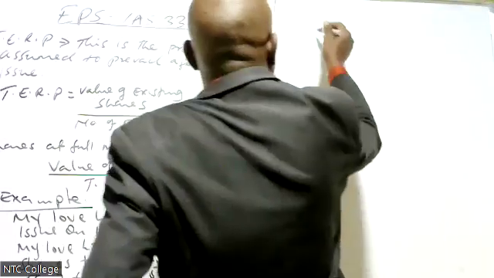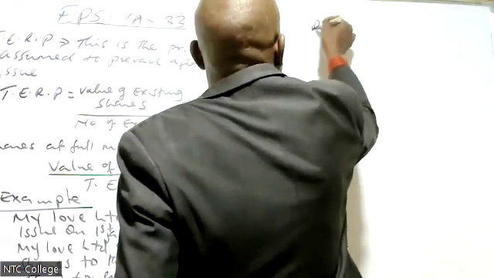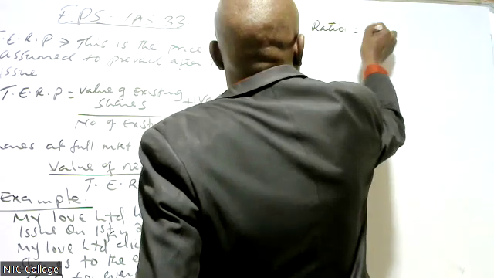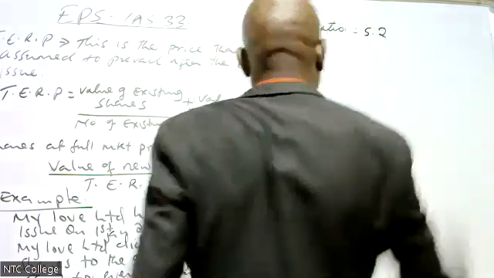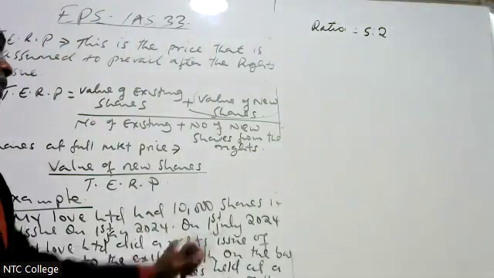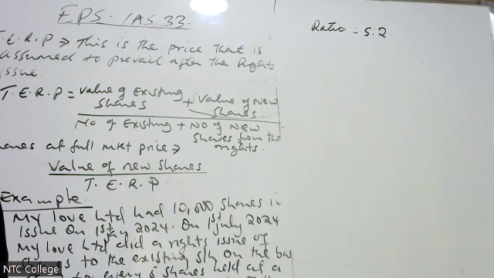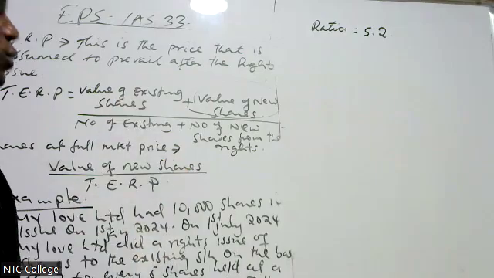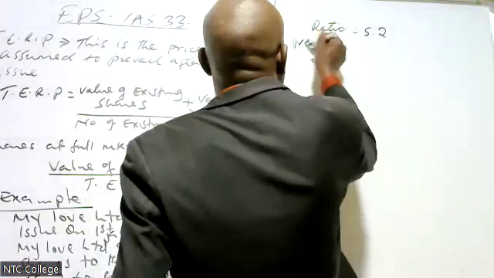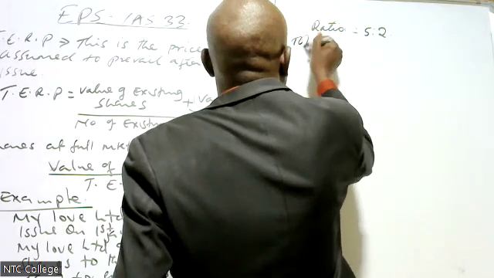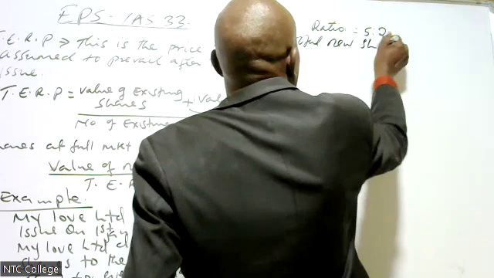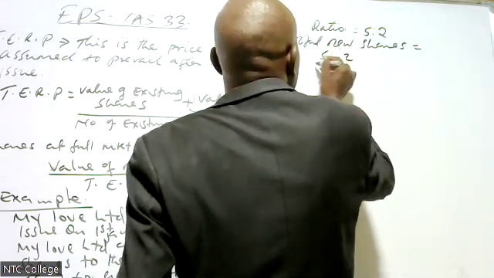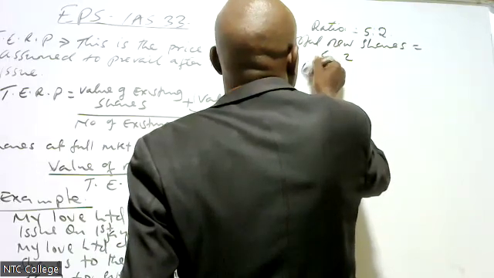First, in the rights issue, our ratio is two shares for every five shares held. Therefore, if you have 5 shares, I'm going to give you 2. What about 10,000 shares?